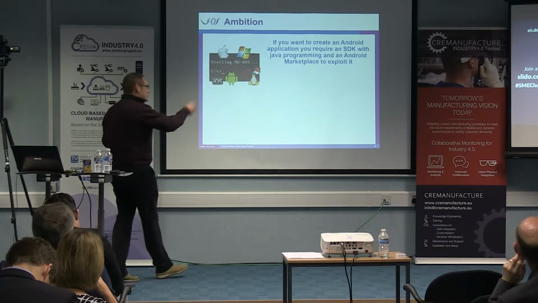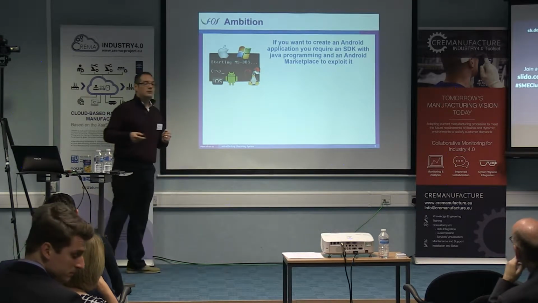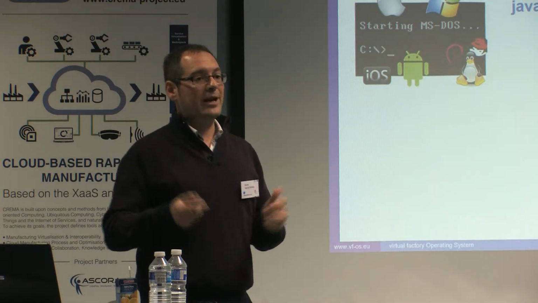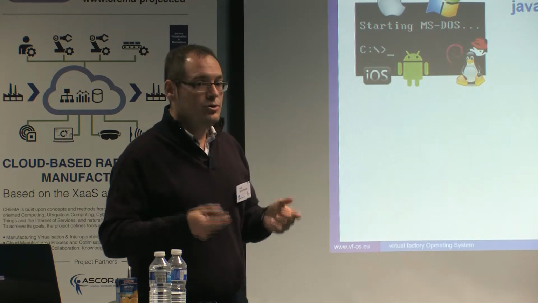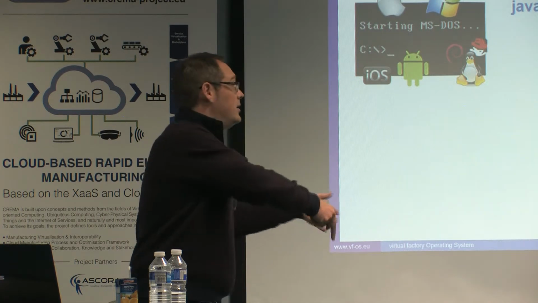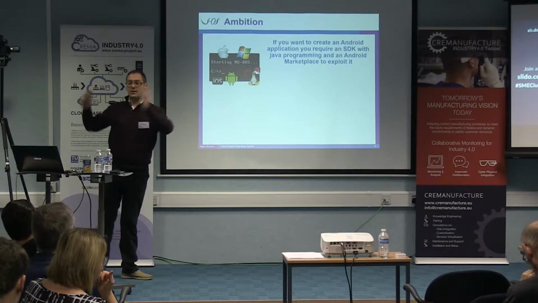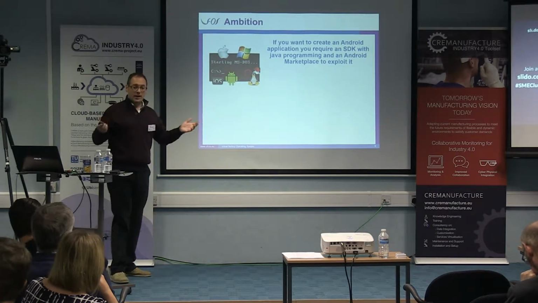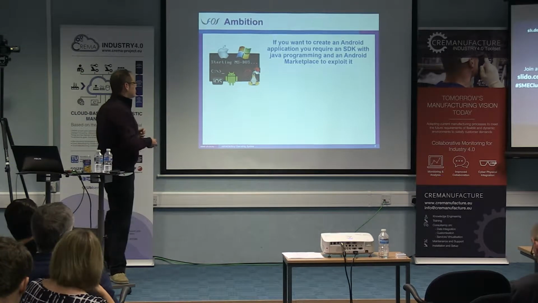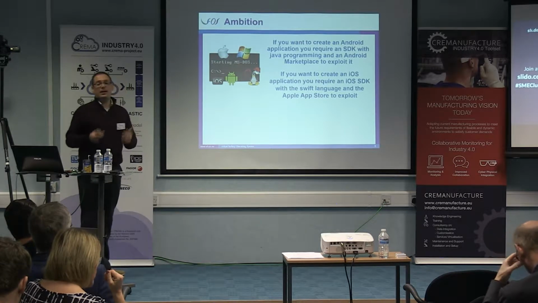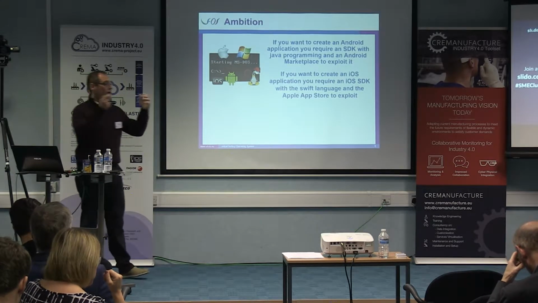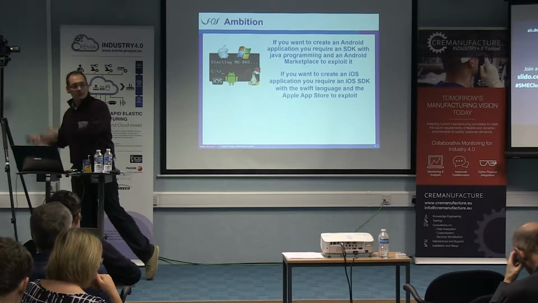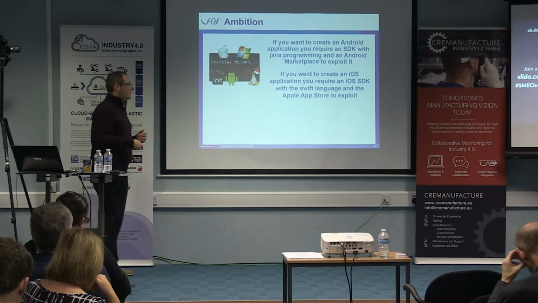Coming back to the analogy with Android, if you want to develop an app for an Android phone, you need the SDK, a Java programming IDE, and Google Play or the Android Marketplace to exploit it. The same happens in iOS. You need the iOS SDK, the Swift language, and the iTunes or Apple App Store.